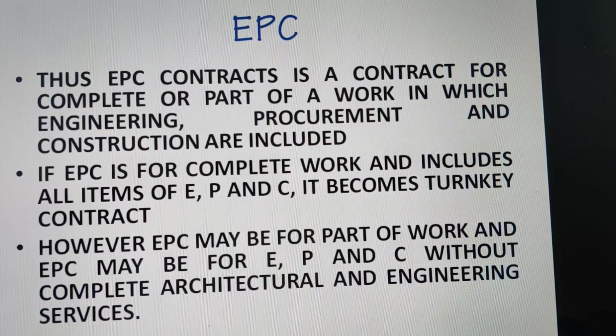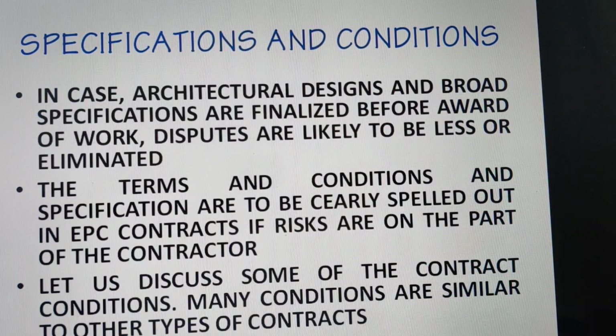And thus an EPC contract is a contract for complete or part of a work in which engineering, procurement and construction are included. If EPC is for complete work and includes all items of engineering, procurement and construction, it becomes a turnkey contract. However, EPC may be for part of work, and EPC may be for engineering, procurement and construction without complete architectural and engineering services.